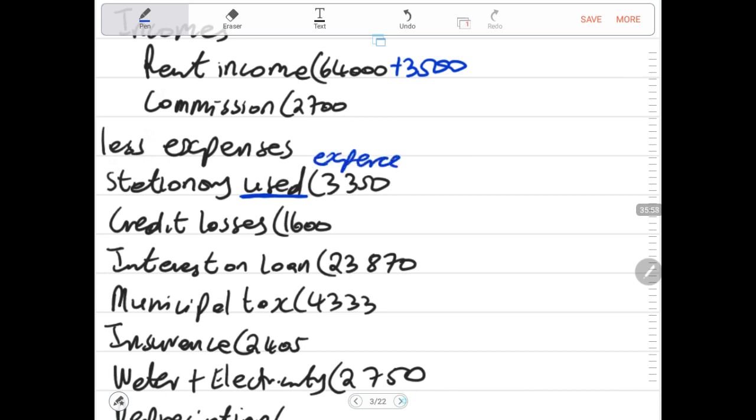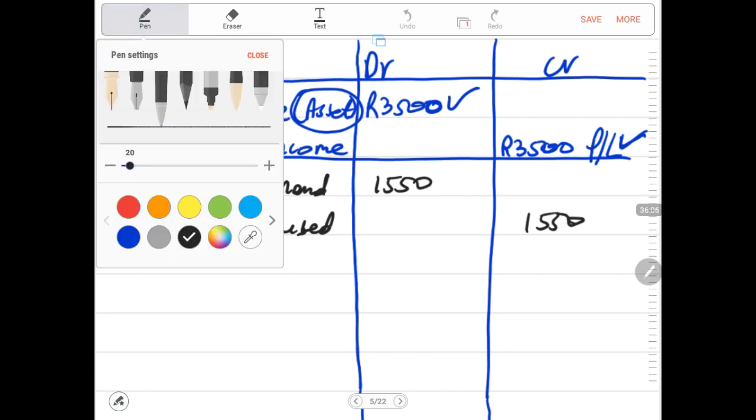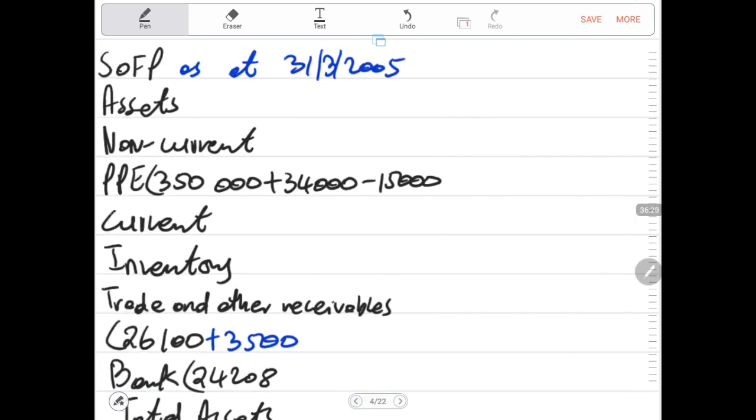So now we go to our adjustment once again, and we say we have stationery of 1,550, which is an asset, on hand. This is an asset, right there, A, and this is an expense, that is, EXP, expense. Where do we record inventory?